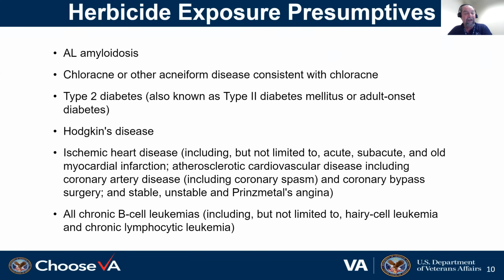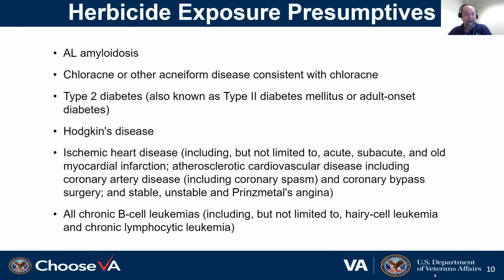Herbicide exposure is exposure to the chemicals that were used in Vietnam and in Korea and in Thailand at certain periods of time during the period of 1963 to 1975 when Vietnam was going on, and specific years regarding the Korean War, or at Korea at the demilitarized zone. Let's put it that way.